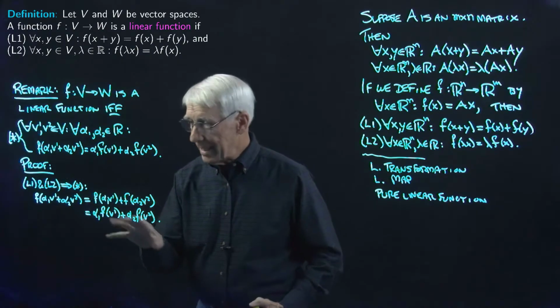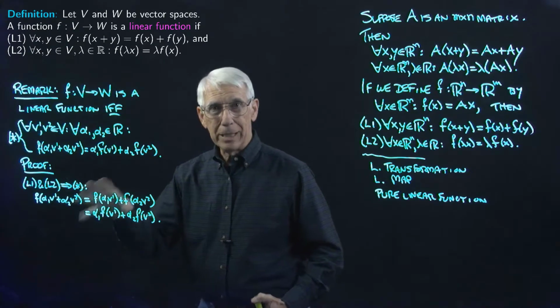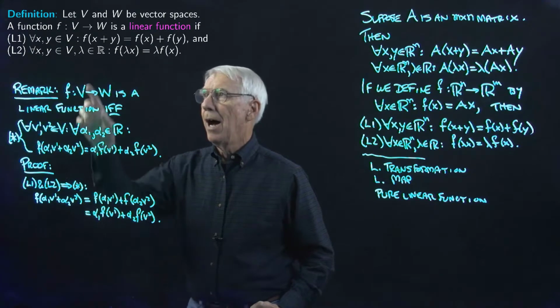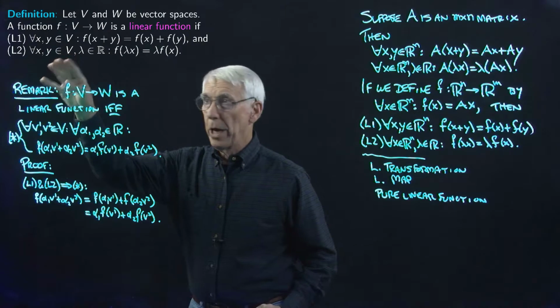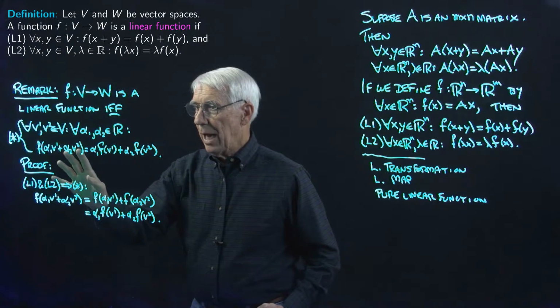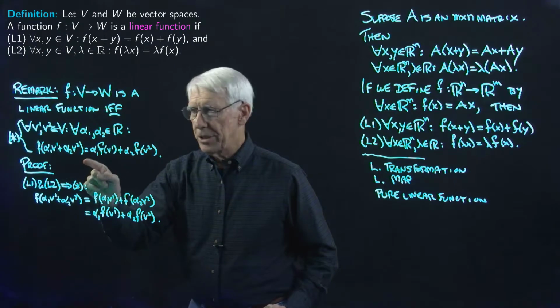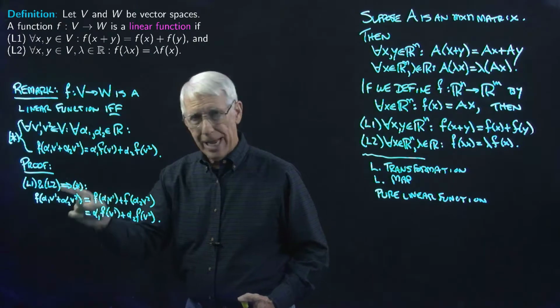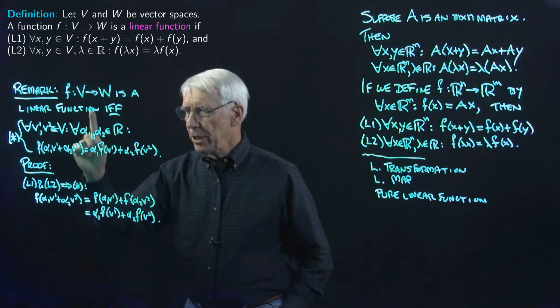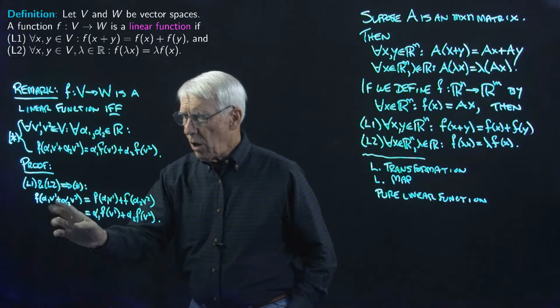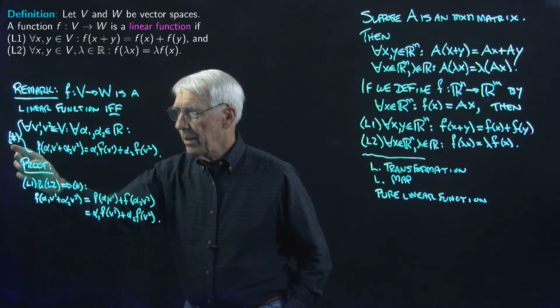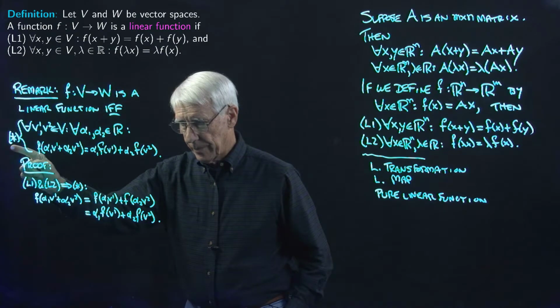So it wasn't anything deep or hard about this. It's a completely straightforward application of the properties L1 and L2 to this equation. So we've established that a linear function will satisfy the star condition.